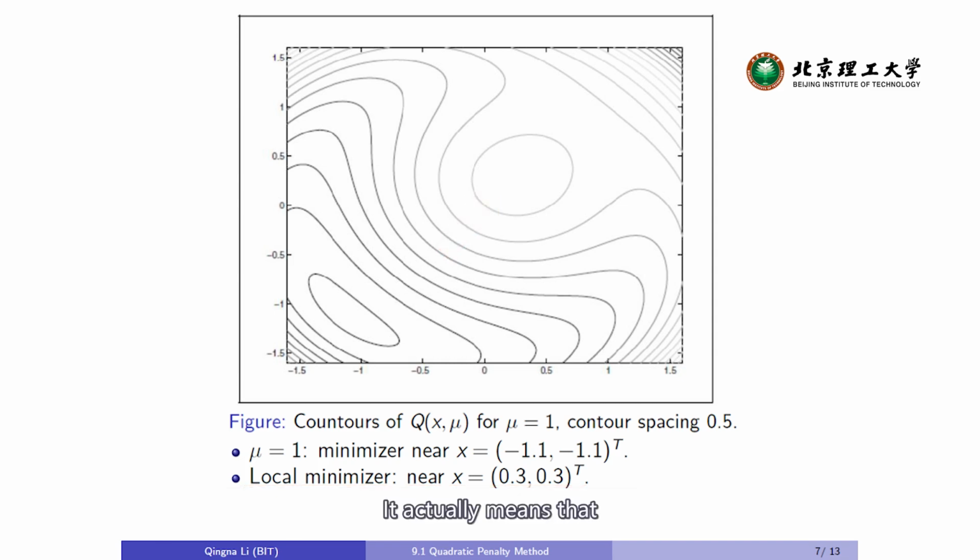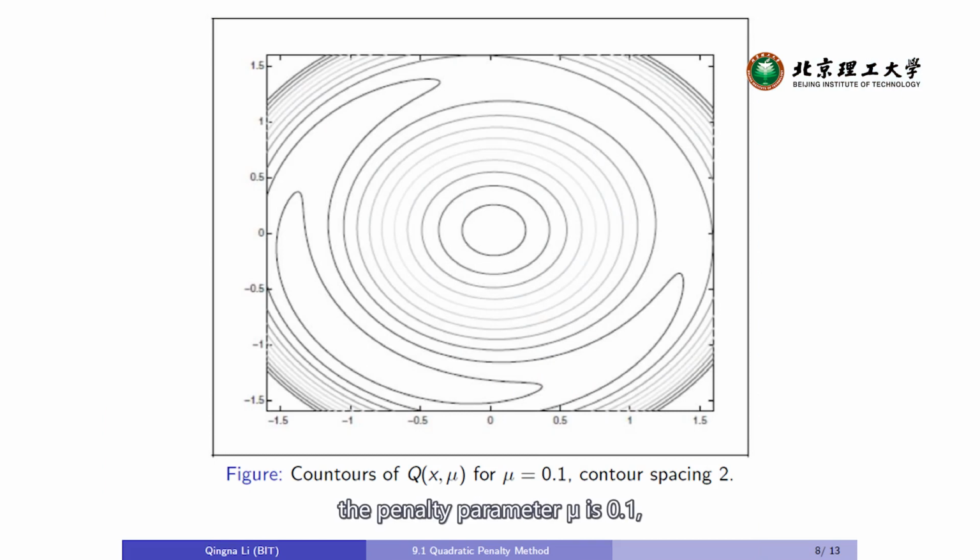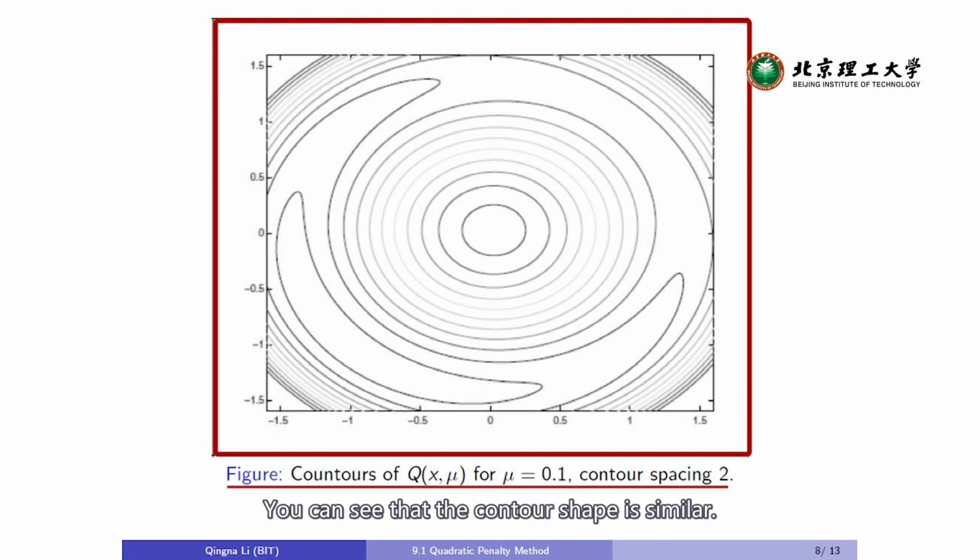It means that by setting different parameters, we may get different contours of function values, which may return us different minimizers. If we set the penalty parameter mu to 0.1, then we get function value contours like this. You can see that the contour shape is similar. However, they do have different local minimizers and global minimizers.